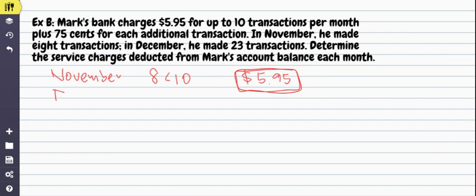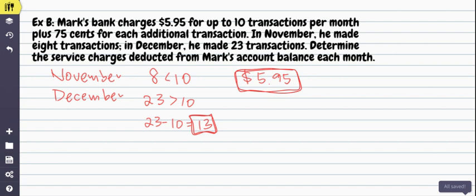In December, 23 is greater than 10. So he has 23 minus 10 extra transactions, which is 13 extra transactions in the month of December. So he's going to have to pay $5.95 plus 75 cents times 13, right?